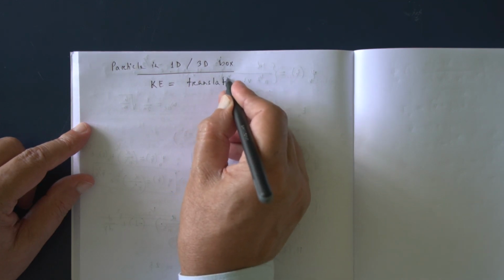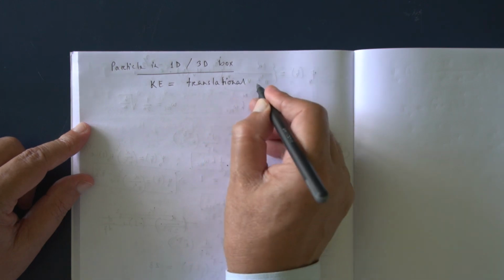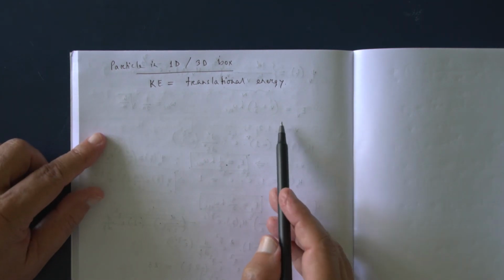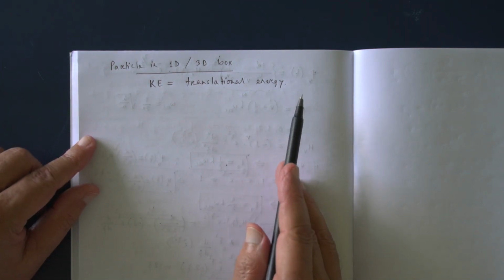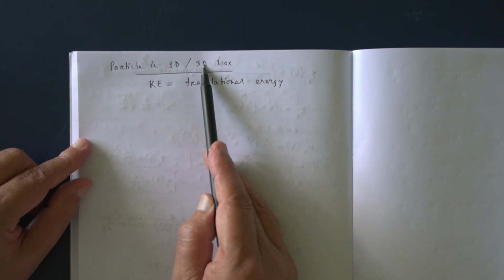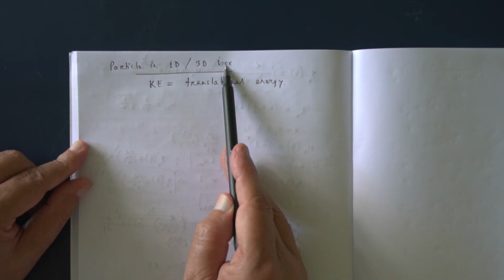That kinetic energy is called translational energy, because we are just considering the translational motion in a particle in a one-dimensional, two-dimensional, or three-dimensional box.